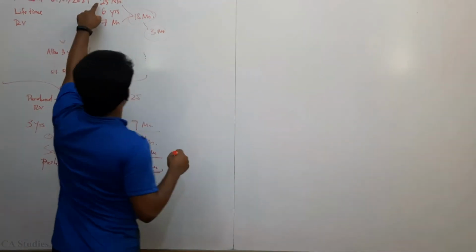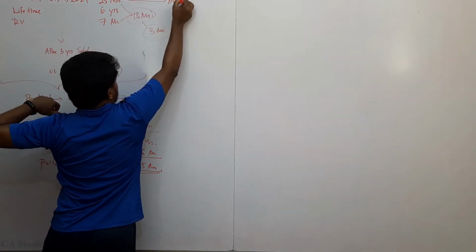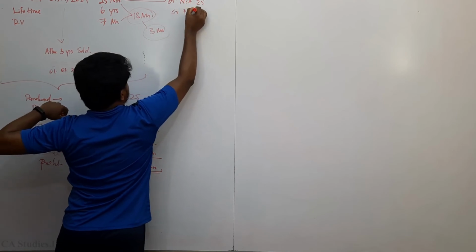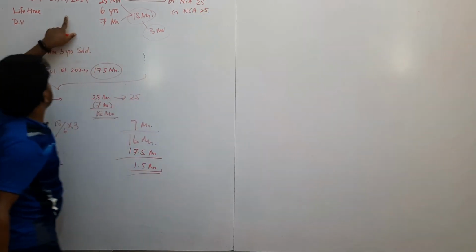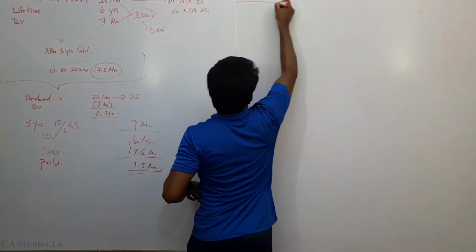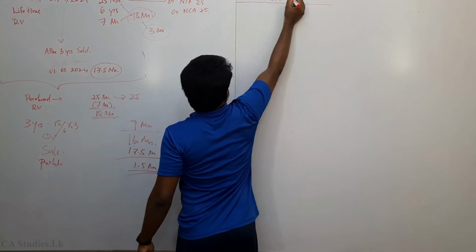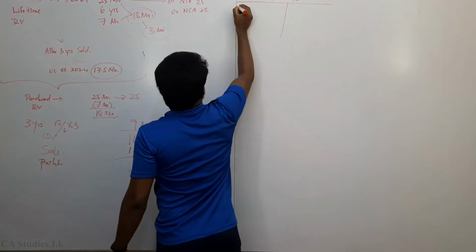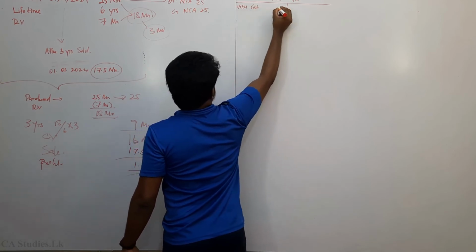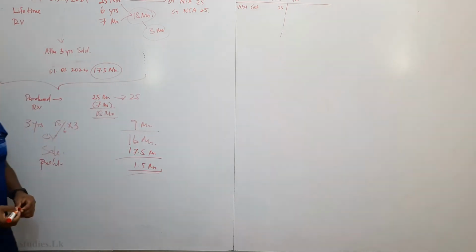When purchasing the non-current asset, debit non-current asset 25 million, credit cash 25 million, right? So on 1st Jan 2021, non-current asset account, and cash 25 million.